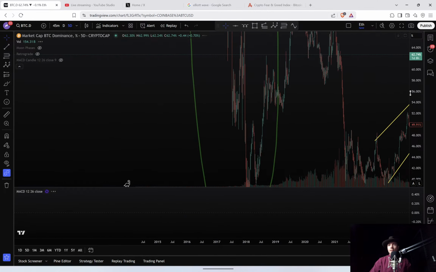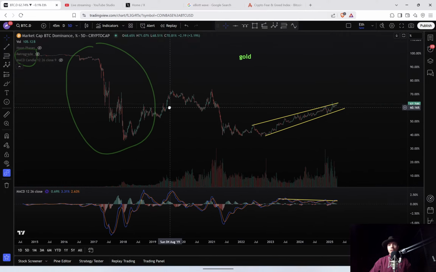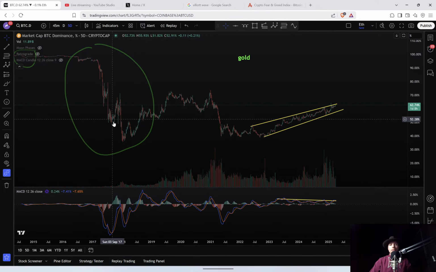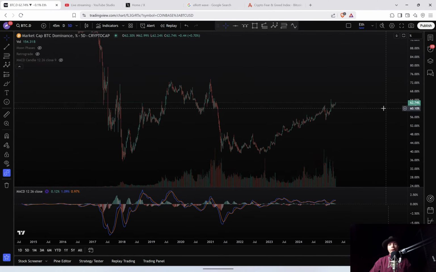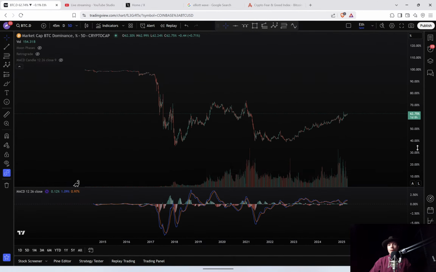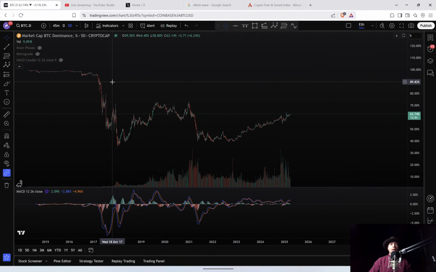So basically this is how much dominance Bitcoin has in the market, right? So if Bitcoin dominance is going down, then that means that the other coins, the alternative coins like Litecoin, like Ethereum, like XRP, those ones are going up.